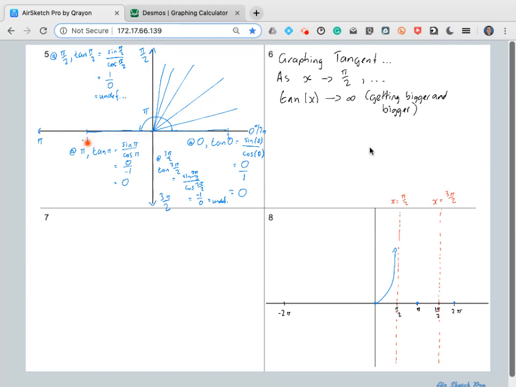I'm just drawing with my pointer so it's not too confusing. But as I go now towards 3 pi on 2, again, it's positive, but getting steeper and steeper and steeper and steeper.